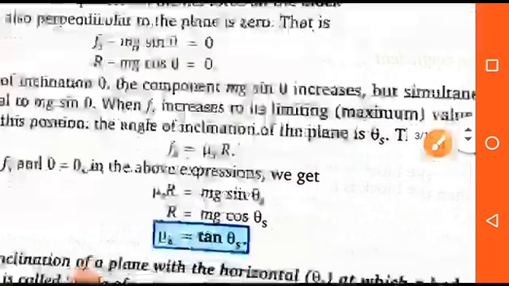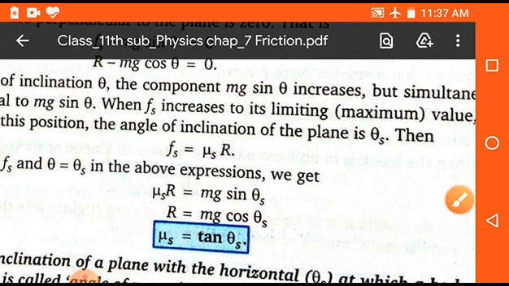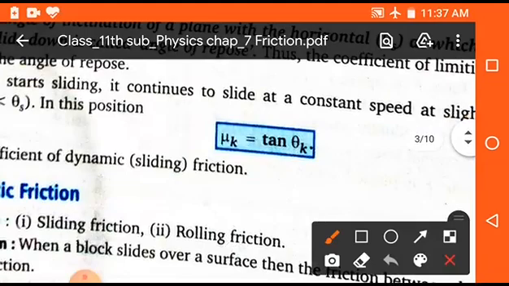If we put the value of Fs, we get mu s into R equal to mg sin theta. So we get mu s equals tan theta. This is the derivation of the angle of friction, or you can say it is a relation between the angle of friction and the coefficient of friction. Now in the case of kinetic friction you can write mu k is equal to tan theta k.